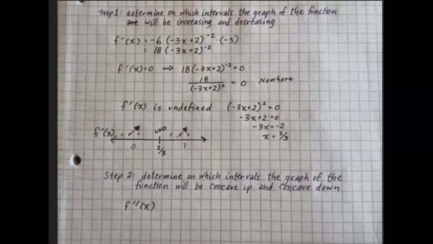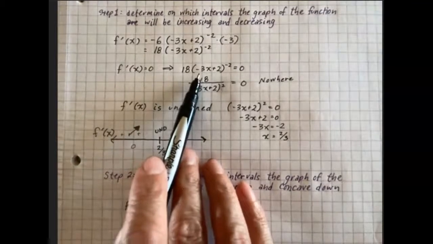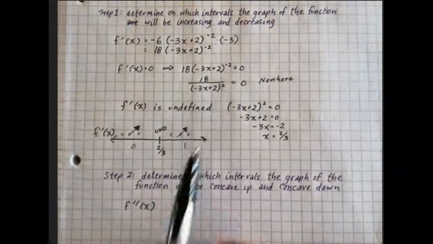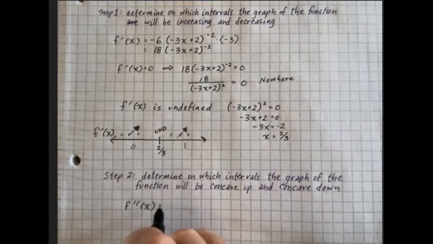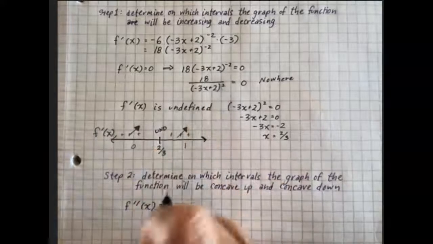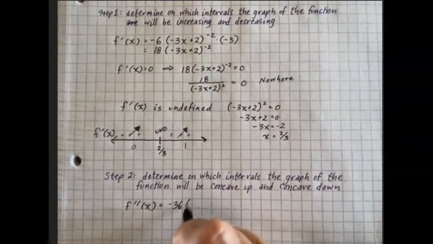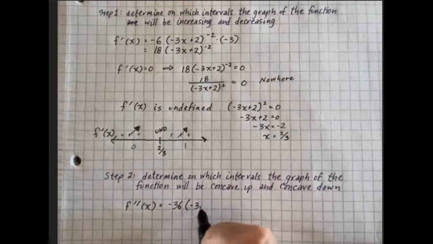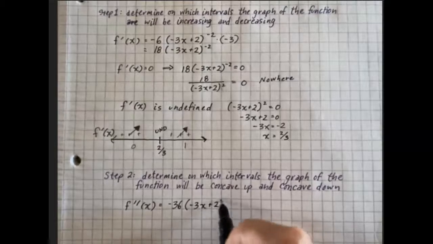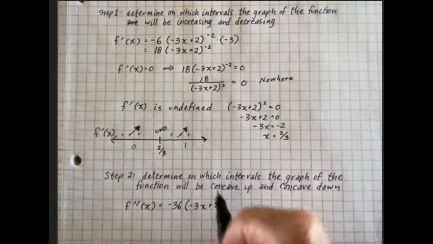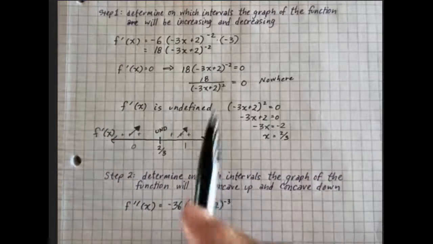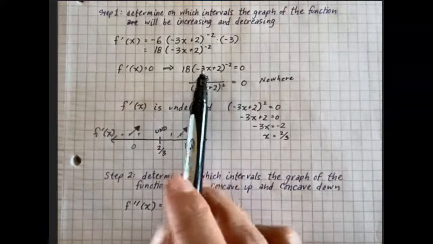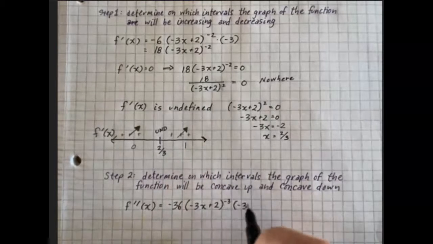All right, so if our first derivative is 18 times that guy to the negative second power, we'll just multiply. Again, we'll use the chain rule. We start out by multiplying negative 2 times 18, so negative 36 times that inside quantity, or u if you like, to the negative 2 minus 1, so negative 3 power, and then multiply that times the derivative of the inside, which is negative 3 again.